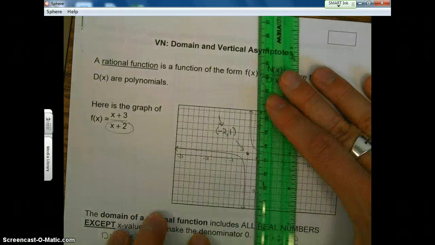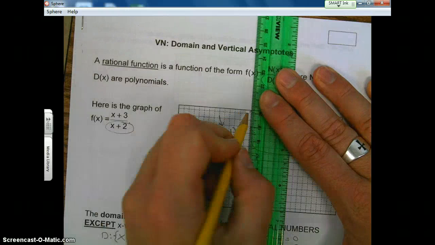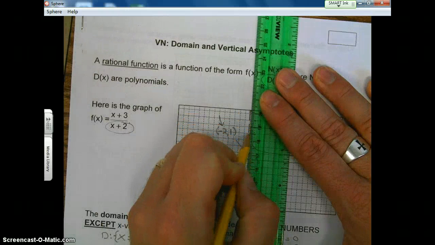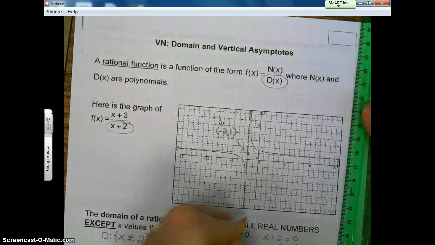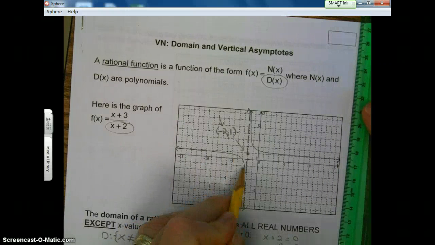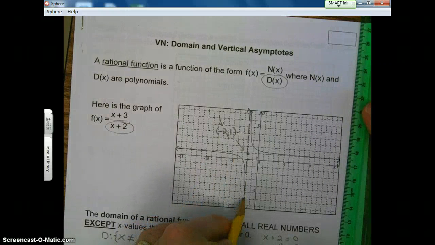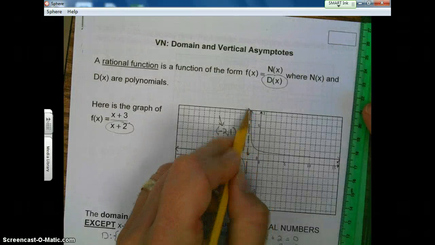So we go back to our graph and we put in our vertical asymptote. Now remember, vertical asymptotes cannot be crossed. They're lines that the graph gets very, very close to, but never touches.